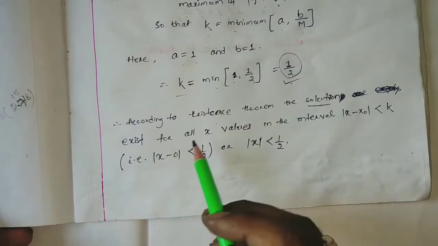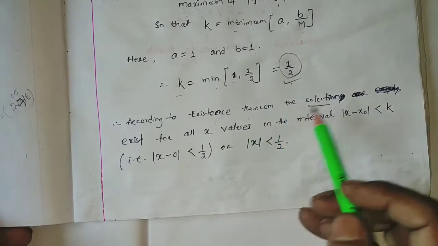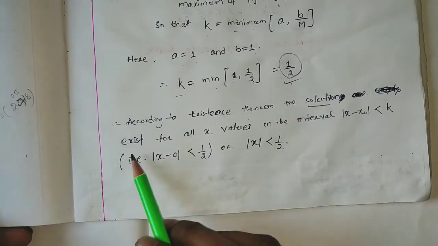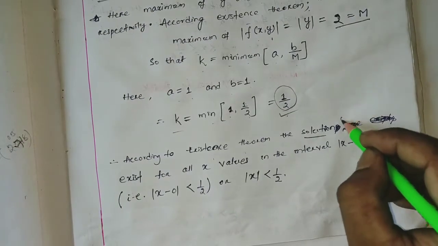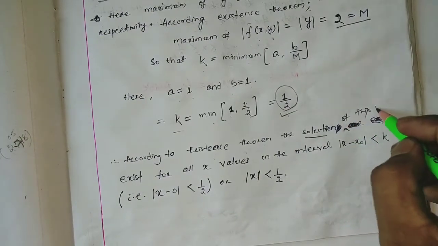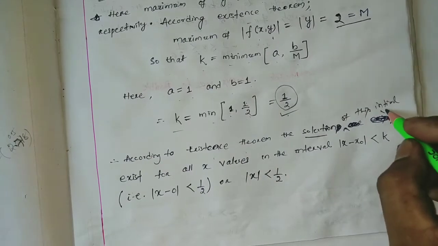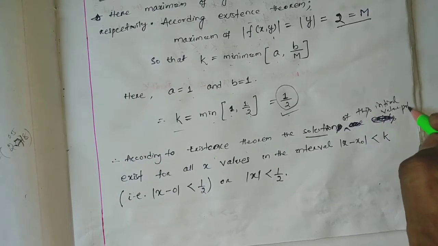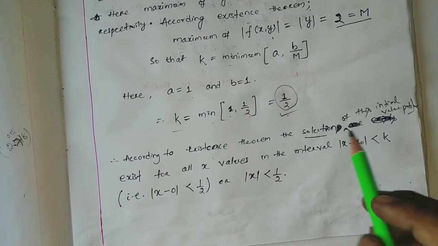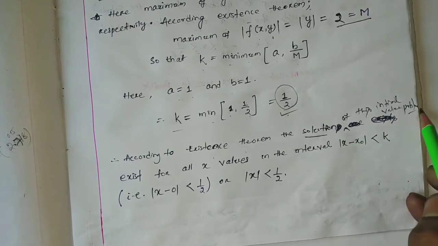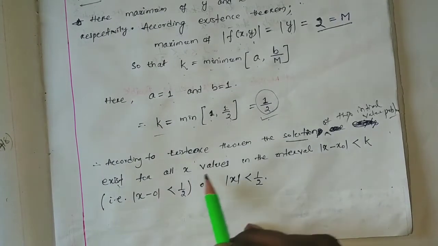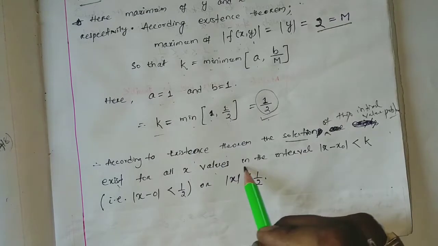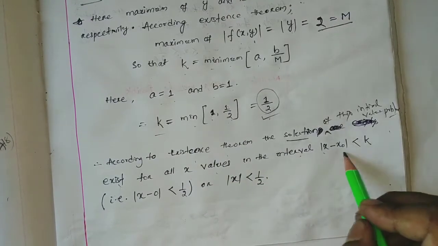So according to the existence theorem, the solution of this initial value problem exists for all x values in the interval |x - x0| less than K.